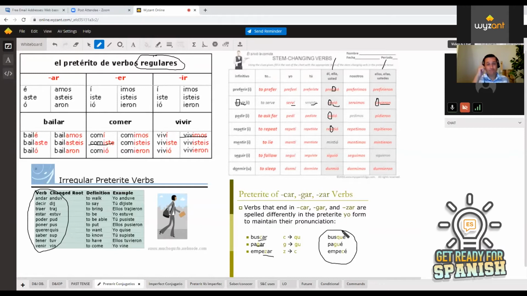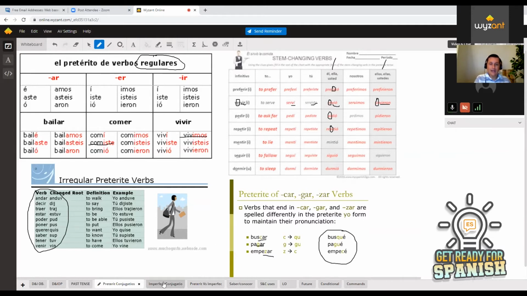Again, it's just a matter of remembering. And guess what? On that test that is coming on preterite tense, this is showing up. So when your teacher explains this, please pay attention, ask a lot of questions, do the exercises. It's the only way to make sure you understand and that you do good.